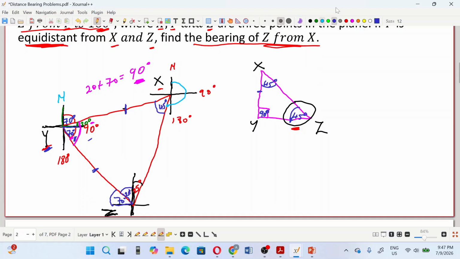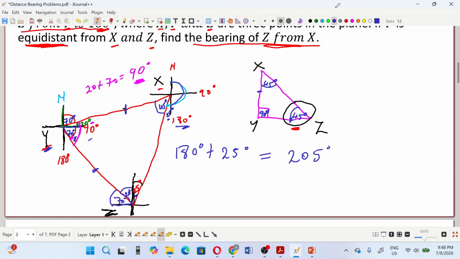From this all the way to this part is 180, meaning we have to find just the little angle that is left. That angle alternates with the angle that we just solved here, which is 25. So the angle left here is also 25 degrees. Therefore, the total turn is going to be 180.